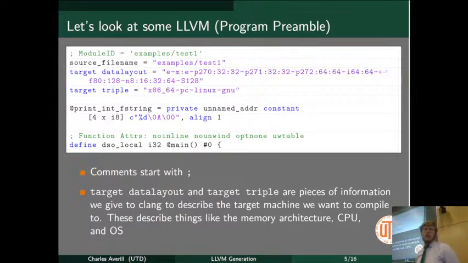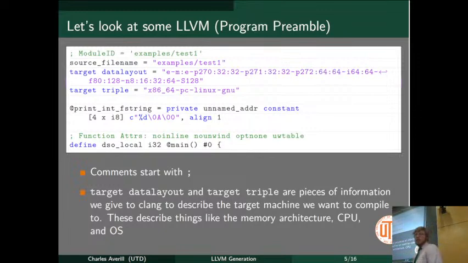And we see 4 x i8 in these brackets. This is a string, as you can tell by those quotation marks. We are telling it that this value is 4 8-bit integers next to each other, which are characters, right?